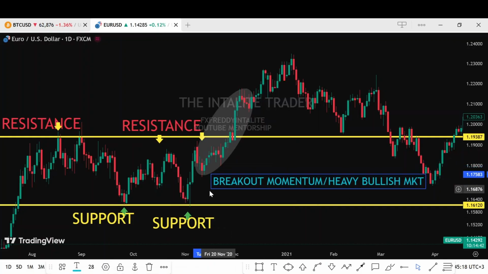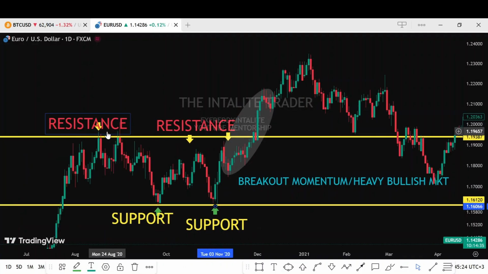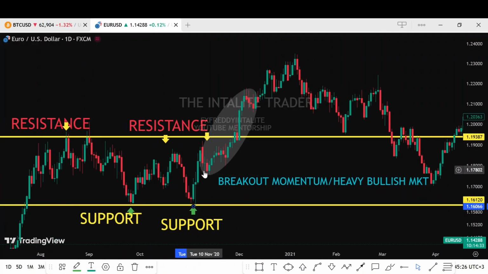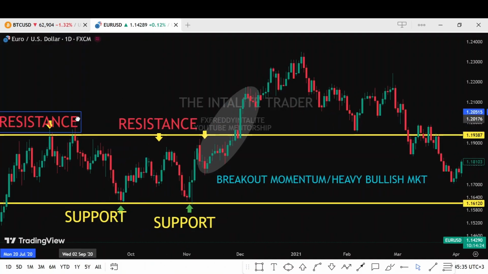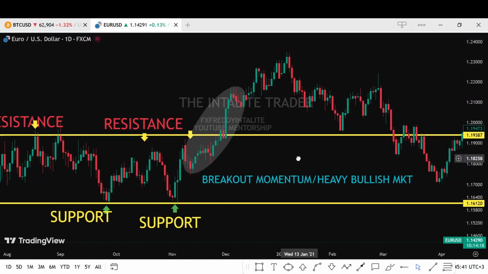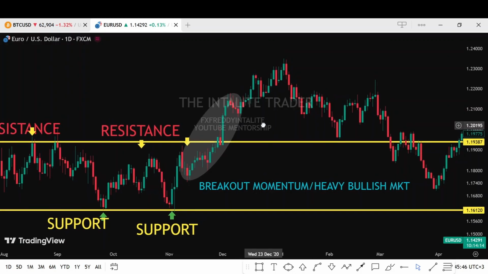I repeat, price got support here and it broke above this resistance level, giving us a breakout momentum. So when price breaks a resistance level that has been held multiple times, we say this is a strong breakout, or you are in a heavy bullish momentum for an uptrend.